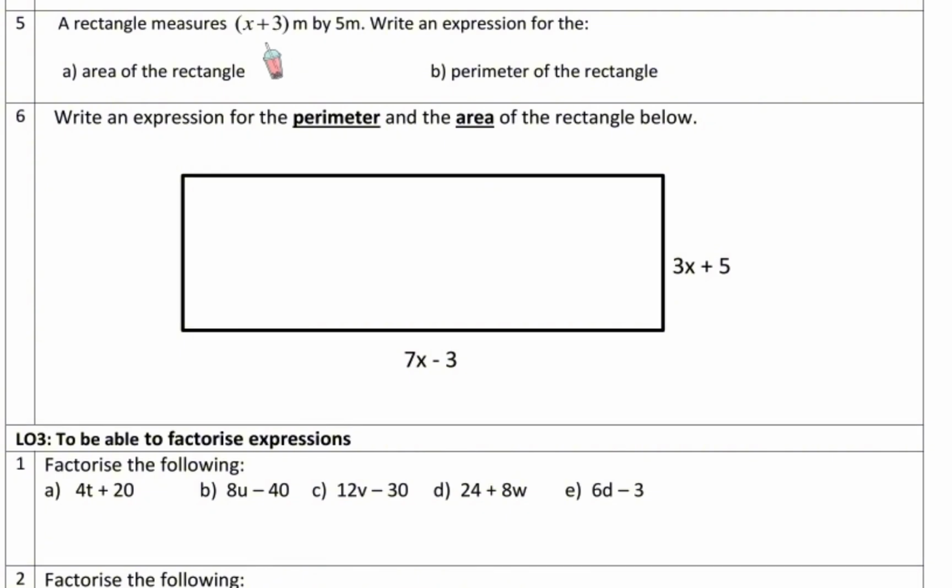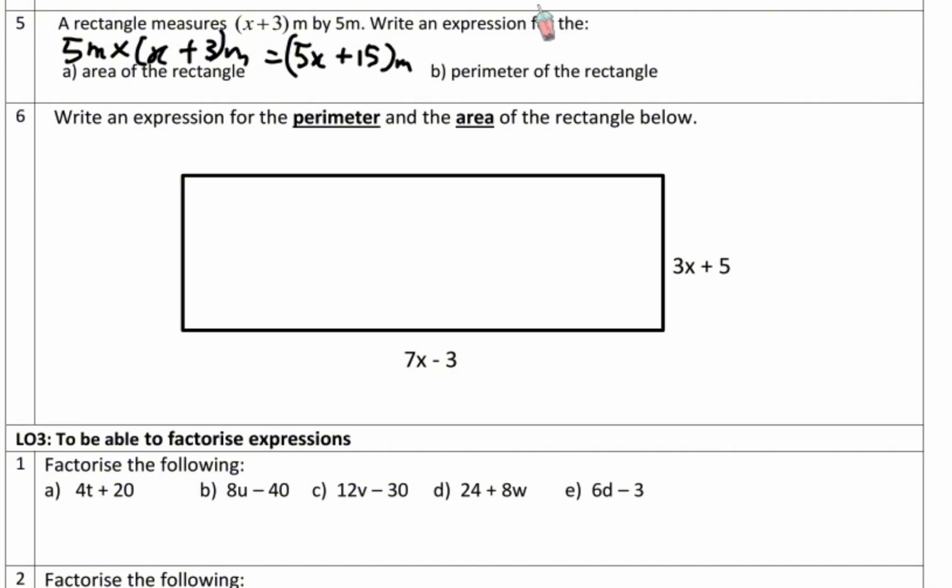So first we will take x plus 3m and multiply it by 5m, because to find the area of a shape, we will need to take the length, multiply with the width. So 5m multiply with x plus 3m, and that will equal 5x plus 15m.